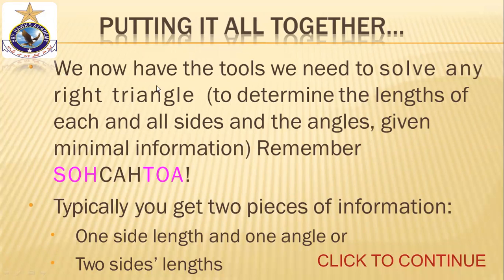Now we have the tools we need to solve any right triangle, to determine the lengths of each and all sides and the angles given minimal information. Remember SOHCAHTOA. Typically you get two pieces of information: one side length and one angle, or two side lengths.